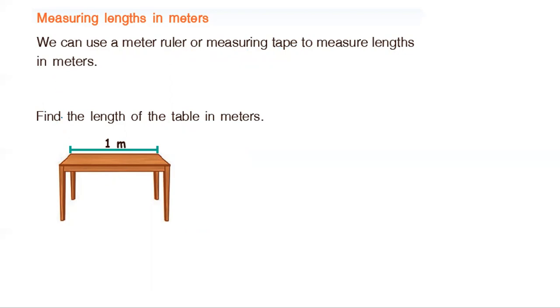So if you're told, find the length of the table in meters, we say that it is 1 meter. 1 meter can be written as 1 m, but not 1 million.